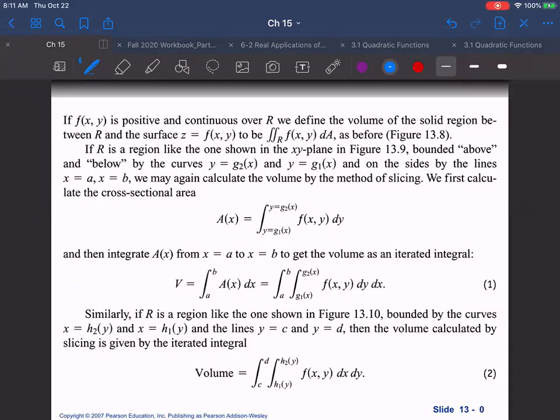So in other words, we are doing the exact same thing, but we're just making our limits of integration these functions here. And so that's really going to be the only difference.